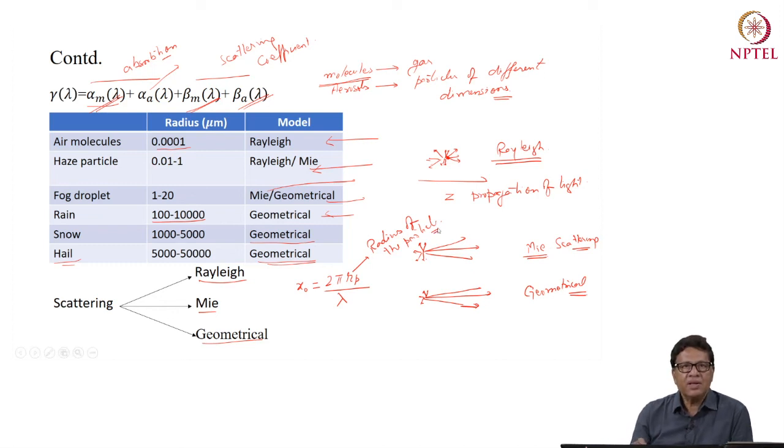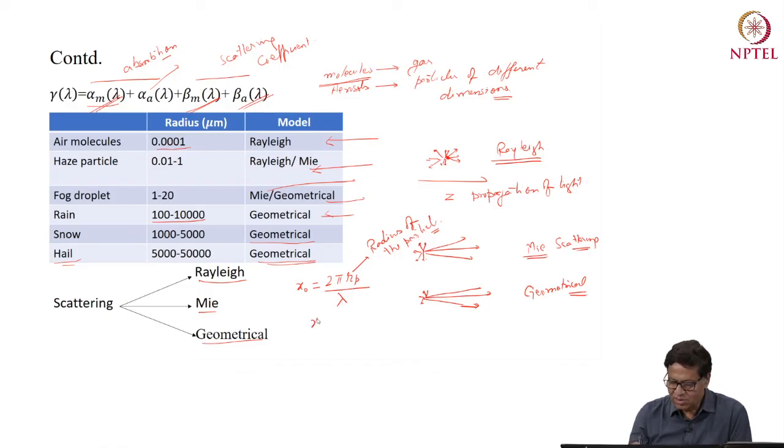In scattering, it is a redistribution of optical energy in different directions, not necessarily a change in wavelength, so this lambda will remain the same.